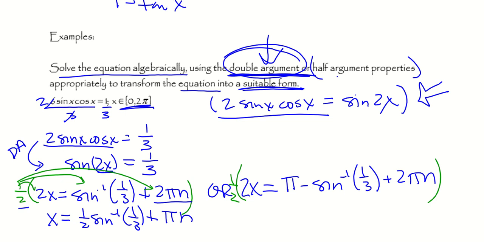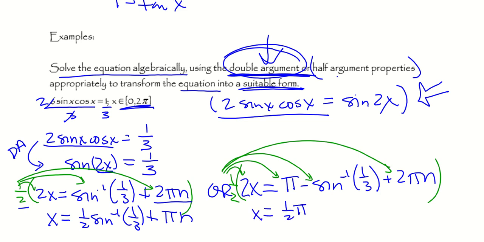On the other side, this 1/2 goes to the 2x, it goes to the pi, across the subtraction to the inverse sine, and across the plus to the 2 pi n. And that leaves me with x equals 1/2 pi minus 1/2 the inverse sine of 1/3 plus 1/2 of 2 pi n, which is pi n.